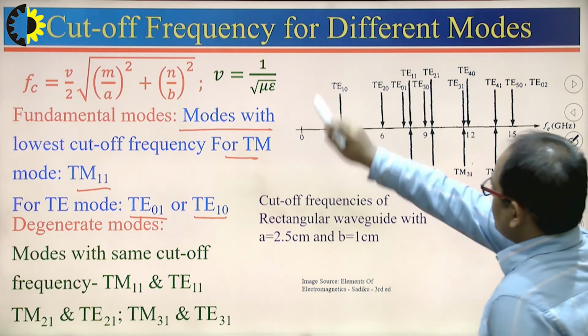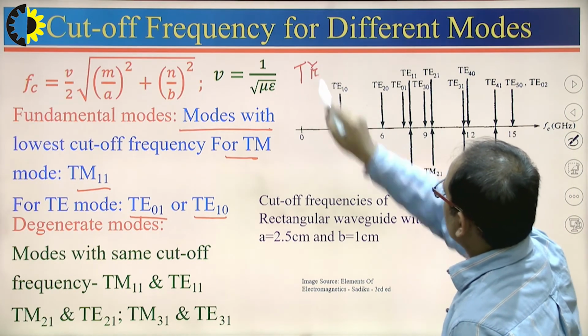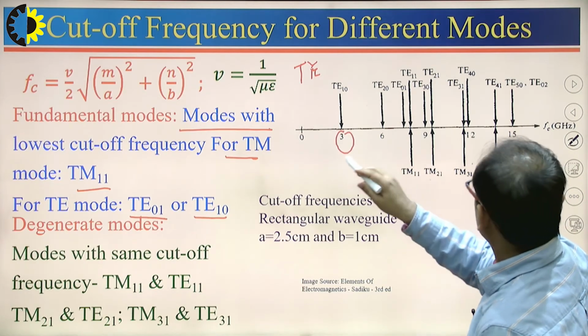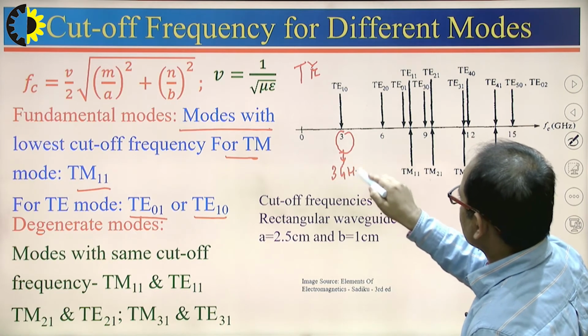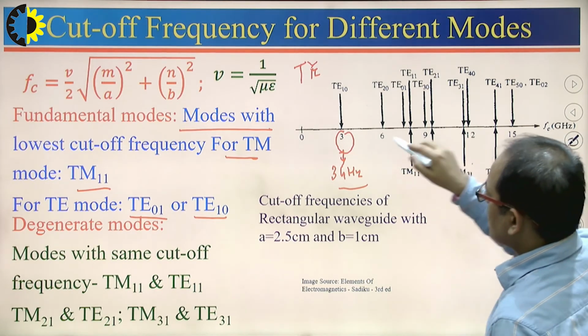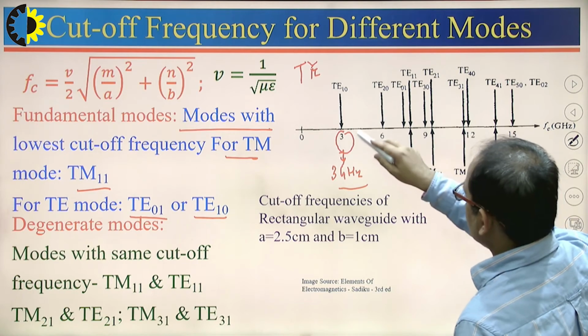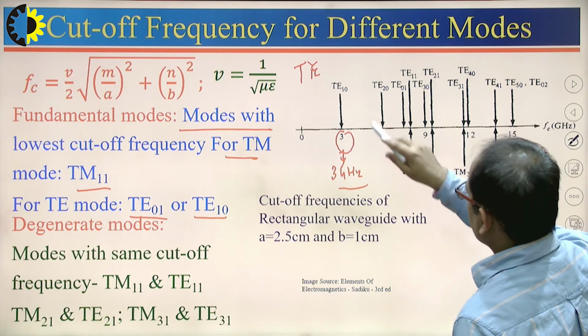This is for the TE mode. The lowest cutoff frequency is 3 gigahertz, above which all signals having a frequency greater than 3 gigahertz, all modes will propagate inside the rectangular waveguide.